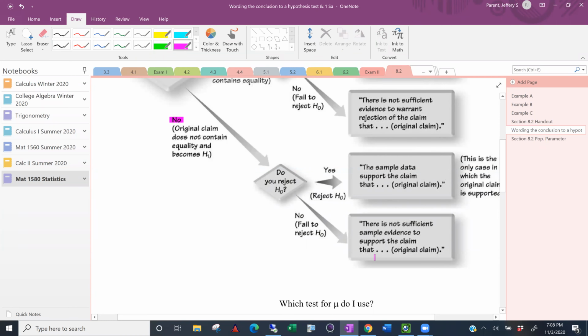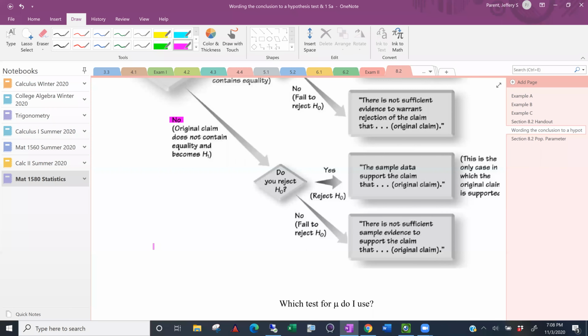So that means we're going to start out the wording of our conclusion this way and just copy it down exactly. There is not sufficient sample evidence to support the claim that, and then we'll state the original claim in words. But let me start by copying this down. There is not sufficient sample evidence to support the claim.